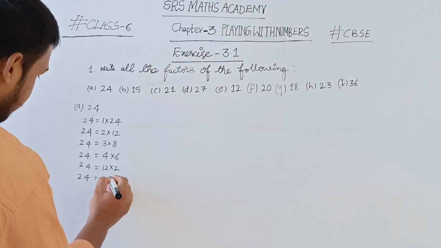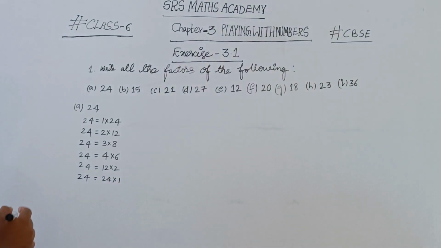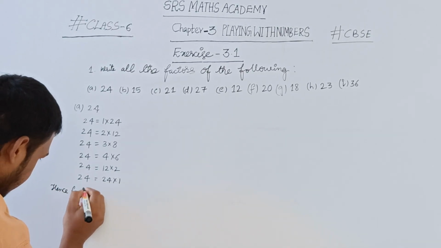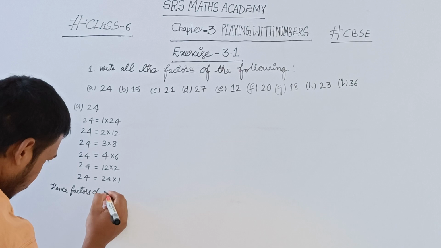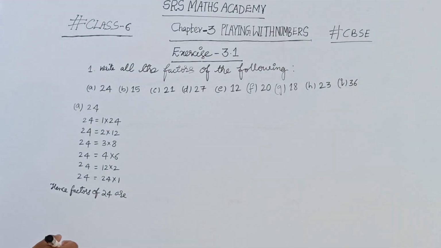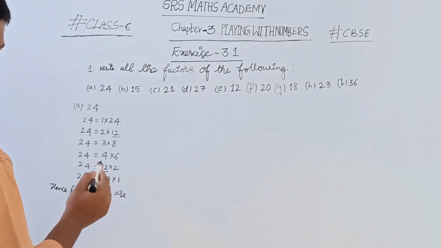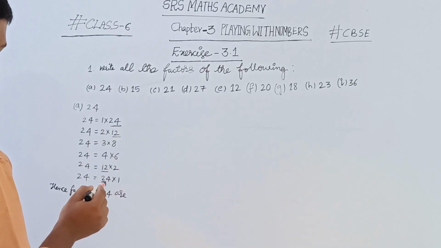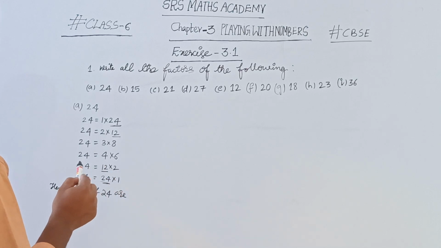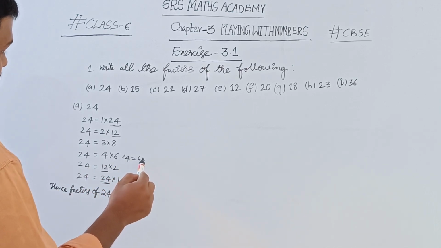Again 24 into 1 will come. Hence, factors of 24 are, so in this already the 12 is repeated here and the 24 is repeated here, and again here one more factor we write, that is 6 into 4.